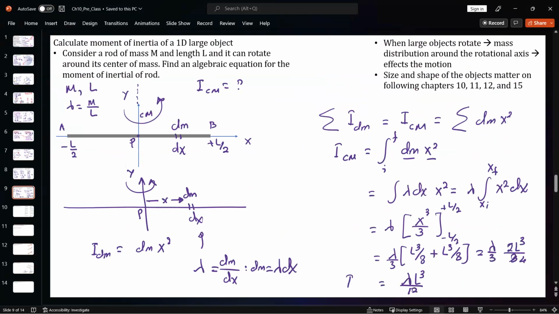And on the other hand, we know lambda is equal to M over L. If I plug that in here, lambda is M over L, and then I have the number 12 here, and then L cubed, this we can simplify into M L squared divided by 12. That's an important equation. Why is it important?